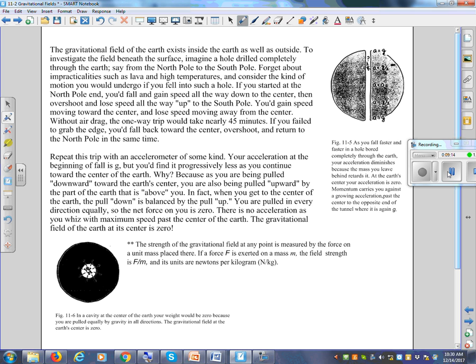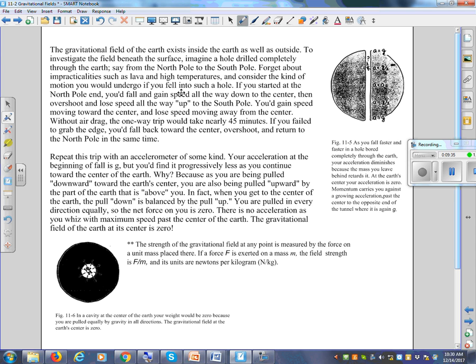Okay, so if we were to dig a hole and then jump in, what would happen? If I were to dig a hole and then jump in, I would fall. Would I speed up as I'm falling? All the way, Jason? All the way to the other end? Only until you get to the center.